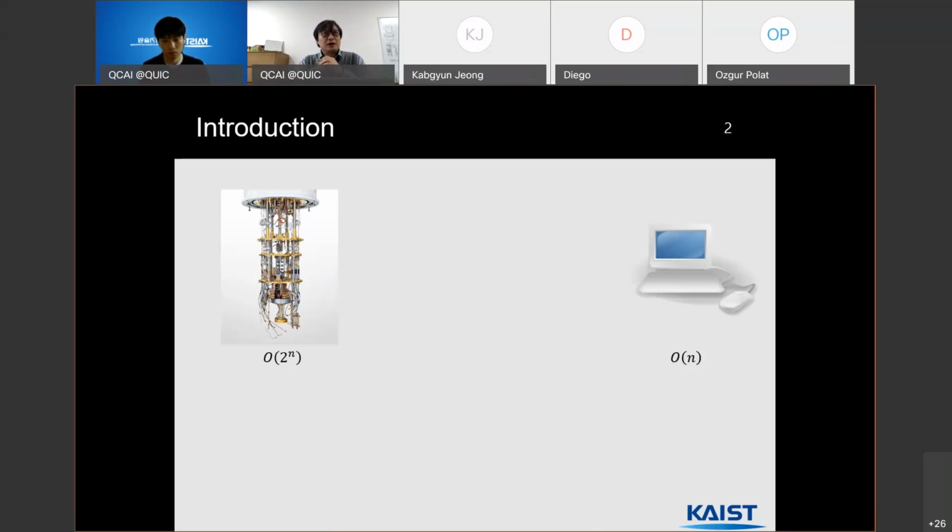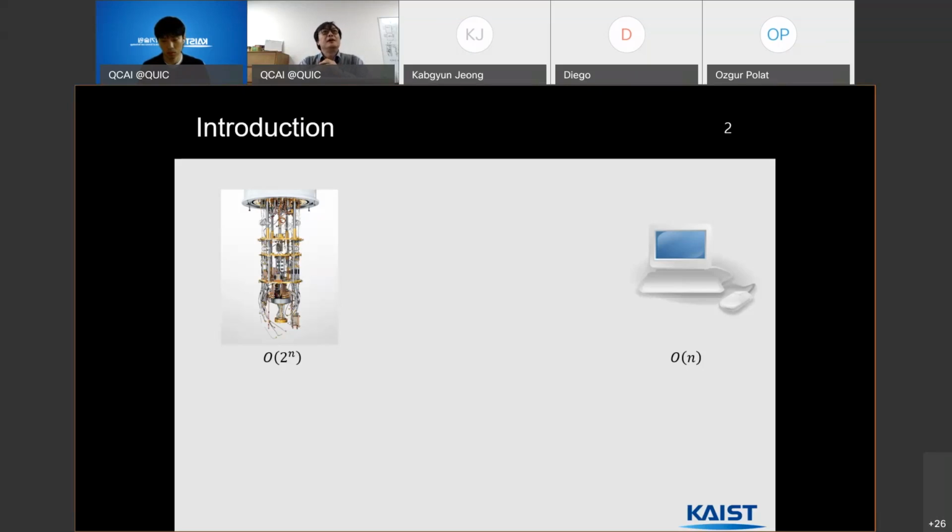That can be done in several methods, but what we are going to do is try to reduce or mitigate the amount of error in the final outcomes after the computation.